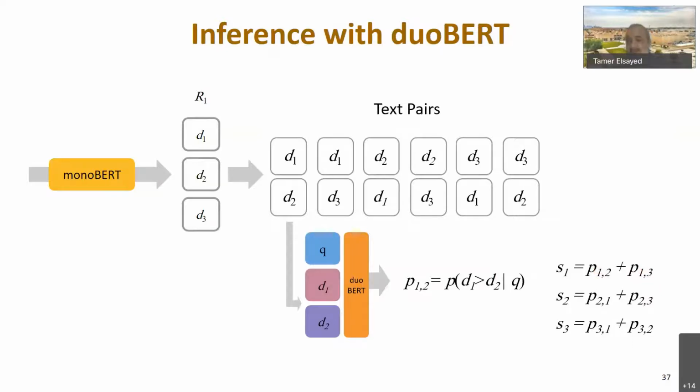And then S2 will be the sum of probabilities whenever 2 is the first, and so on. That's aggregating from pairs to individual documents, because eventually we need a score for every document. So we have to aggregate the scores somehow, and this is one way of doing it, just adding the scores. Now we have S1, S2, S3, and we can rank the individual documents based on these scores.